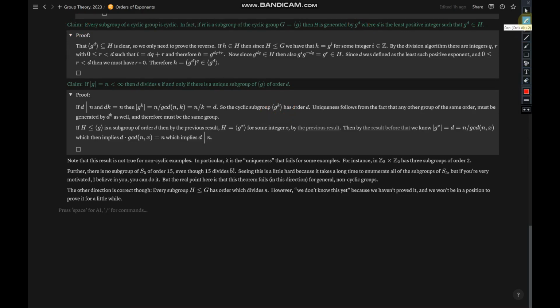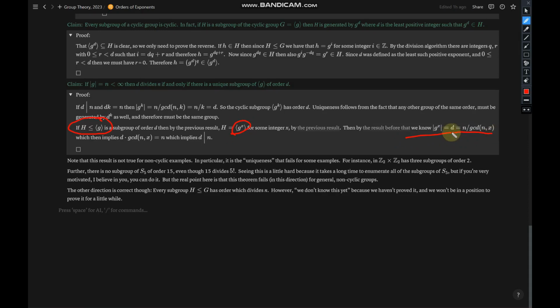Okay, so that proves that the subgroup is uniquely determined. Now we'll do the converse. For the converse, we're going to take any subgroup h of our cyclic group generated by g. This subgroup is cyclic. It must be generated by g to the x, where x is chosen minimally inside of h. Now let's look at the order of h, which is the same thing as the order of this generator.